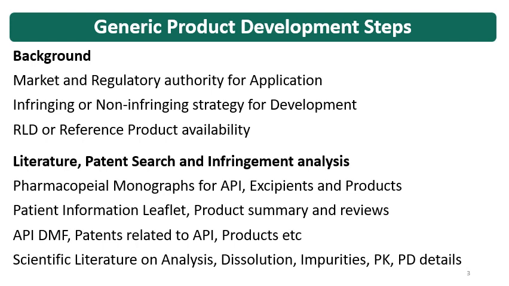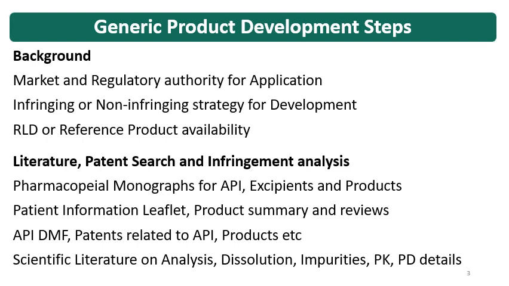This reference product study, literature study, patent search, and patent study will help you to develop the generic product. You will get a complete and clear understanding about the reference product, and then you can develop the generic formulation.